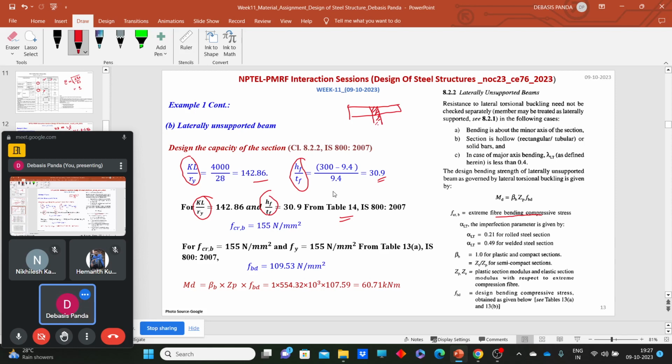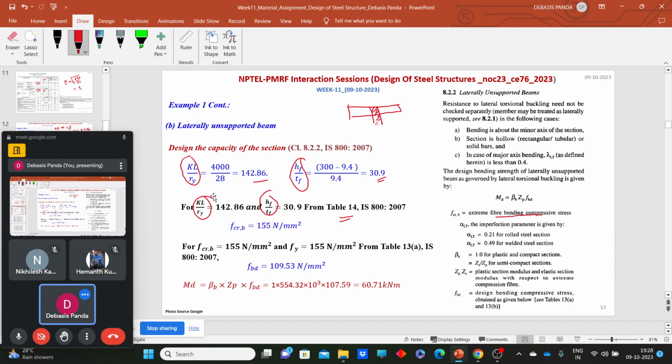So either way you can consider, either you can take the value of h by tf directly, or hf by tf. That means you are neglecting the thickness of, actually that should be the thickness of web part. Okay, please make it correct. So that comes as 31, and corresponding to that value you should calculate the value of lambda and h by tf value. Okay, so 30 and 31 point something, that will not make much difference.